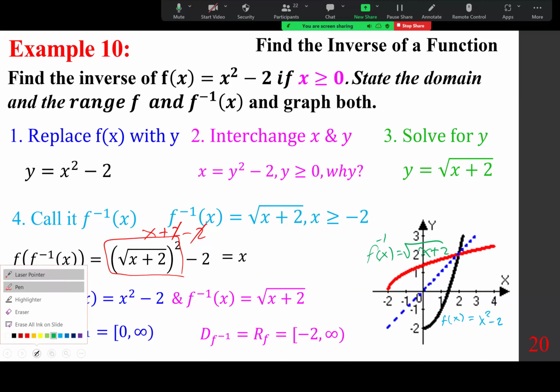And again, you can see that they're symmetric with respect to the line y equals x. If they ever intersect, and they do, it has to happen on the line y equals x. And notice minus 2, 0, over here we have 0, minus 2, and the rest of the stuff. So everything that we discussed with respect to inverse functions works perfectly here.